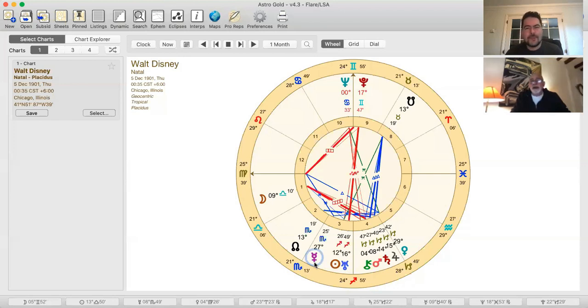I just always find that it's interesting to see what's happening in a person's chart after death, especially when it's someone who leaves a legacy like this.